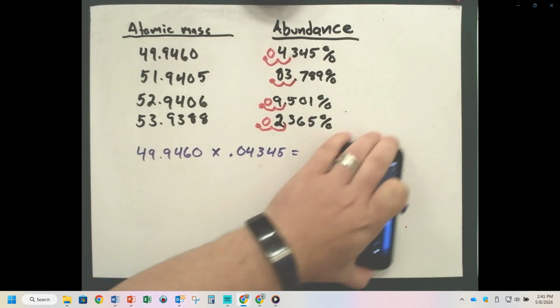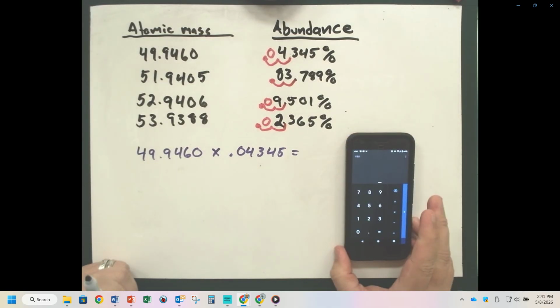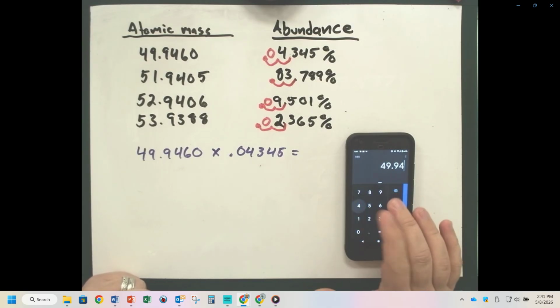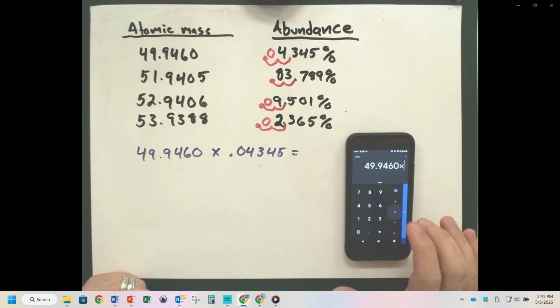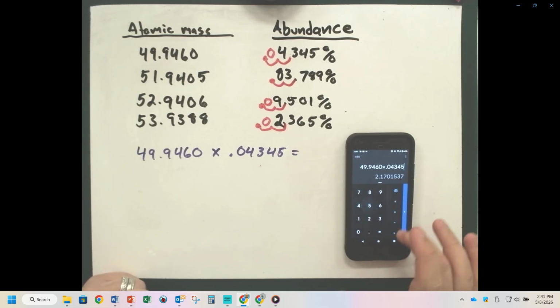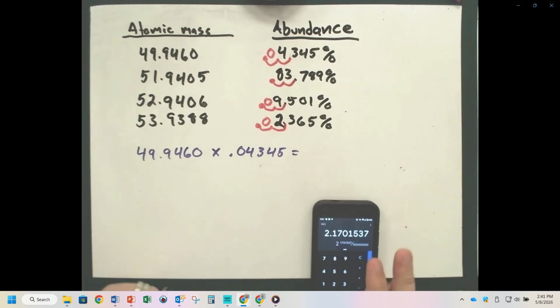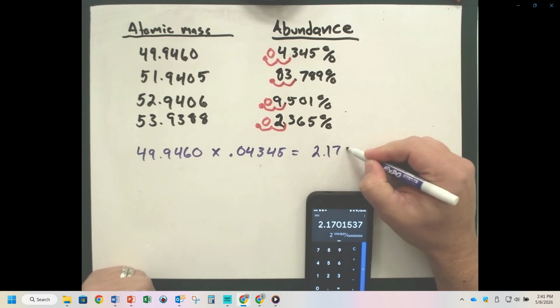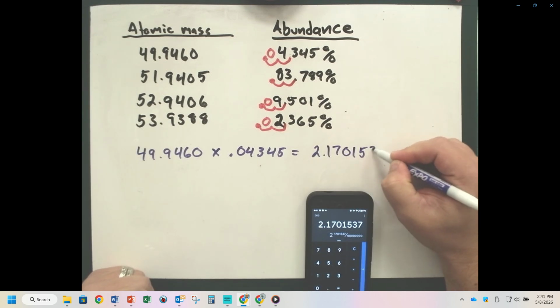And I changed my calculator so you can see it. So 49.9460 times 0.04345 equals, and I'm going to go ahead and write out this whole number here, 2.1701537.